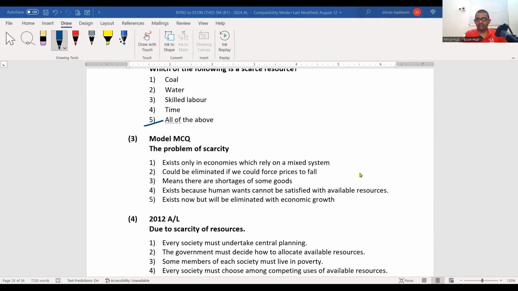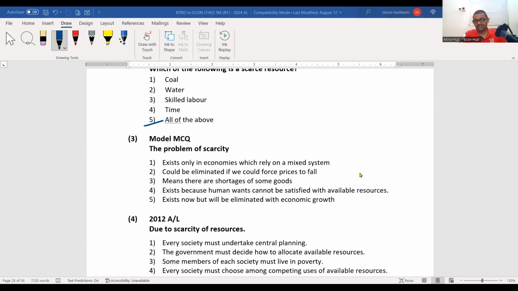There are two problems there. One is scarcity is not shortage, right? Price can only solve market surpluses and market shortages, what we learned as market disequilibrium. Scarcity is different from a shortage or a surplus, right? Scarcity and shortage are two different things. Shortage is a temporary market disequilibrium. And even if there's a shortage, you can't solve it if the price falls. You can only solve a shortage if the price rises.